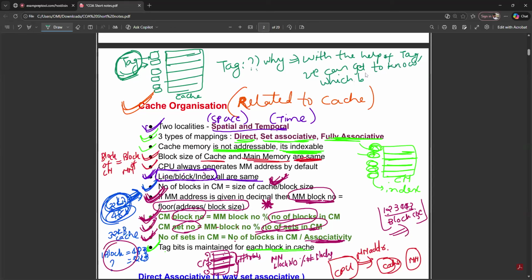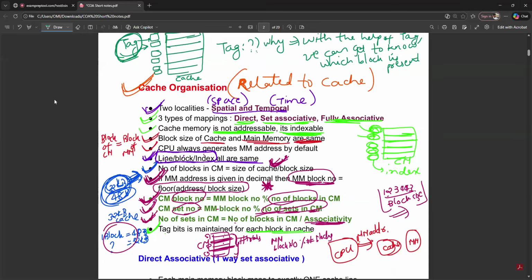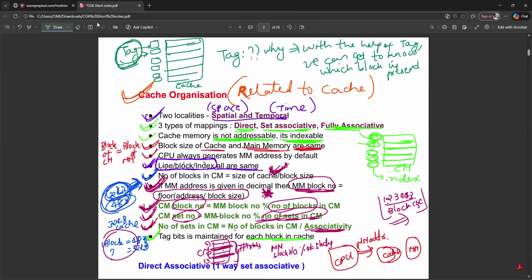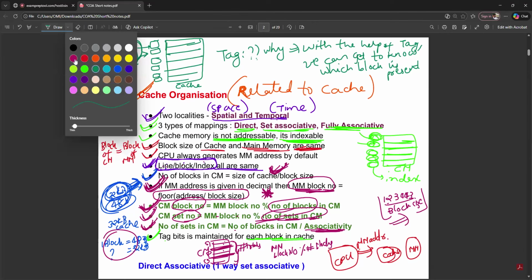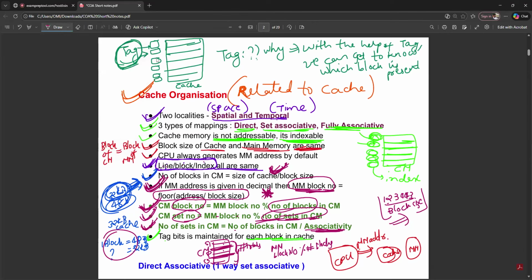I have covered one very beautiful question related to tags in the course. See, if this is the block, many different blocks will be mapped here. Many different blocks will be mapped here.